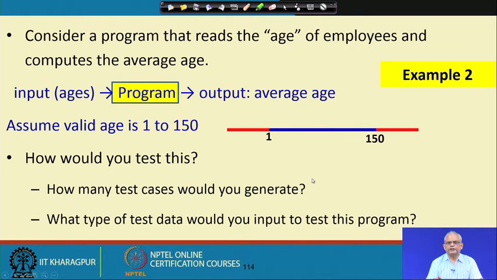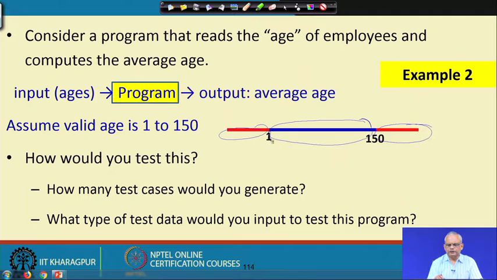Now, let us look at age as a parameter, and the valid age range is 1 to 150. Here we have 3 equivalence classes. One is a valid equivalence class which is between 1 and 150, and there are 2 invalid equivalence classes. So, for boundary value testing, how many test cases do we need?